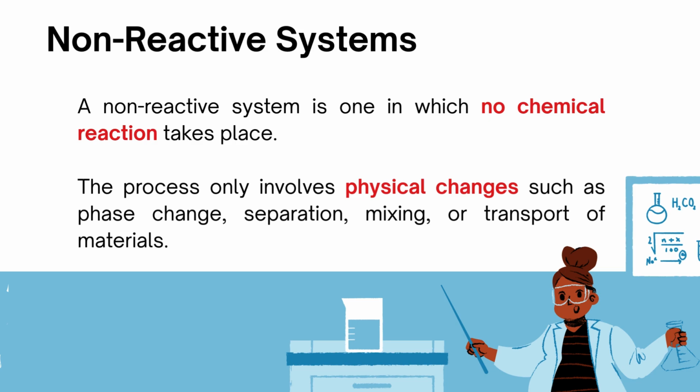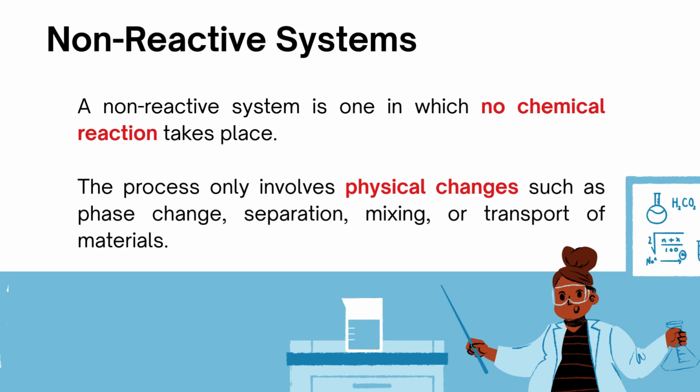Some examples you might already be familiar with are distillation, like separating ethanol and water, or absorption, such as removing carbon dioxide from gas stream, or crystallization, like producing sugar crystal, by which we separate the liquid and the sugar, or simply heat exchanger, where we transfer energy between hot and cold fluid without changing their chemical identity.